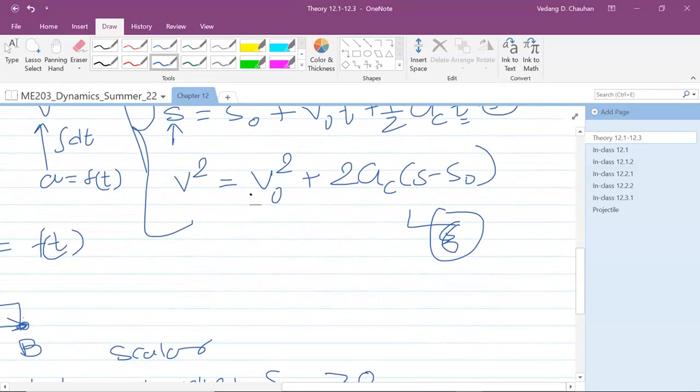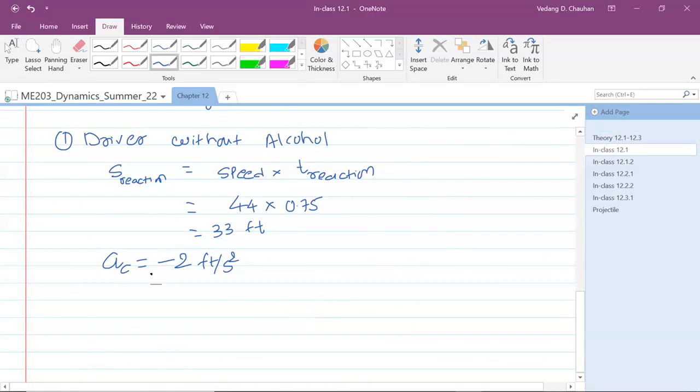So we can use the third equation, equation number 6, which is v squared equal to v0 squared plus 2 a_c times (s minus s0). Let's write down that equation here. Here v is the final velocity of the car when it stops, so obviously its speed is 0. v0 is the initial speed of the car when brakes are applied, which is 44, given in the problem. a_c is minus 2.